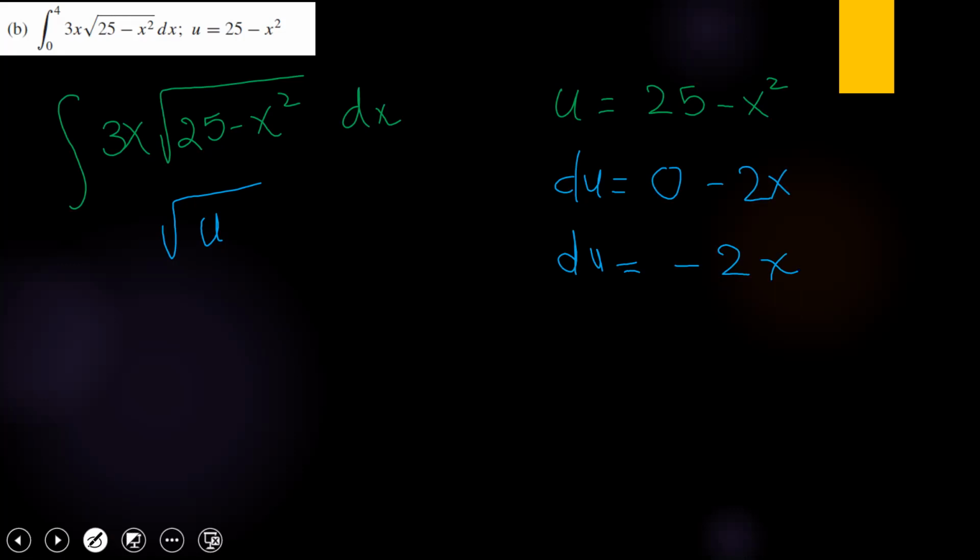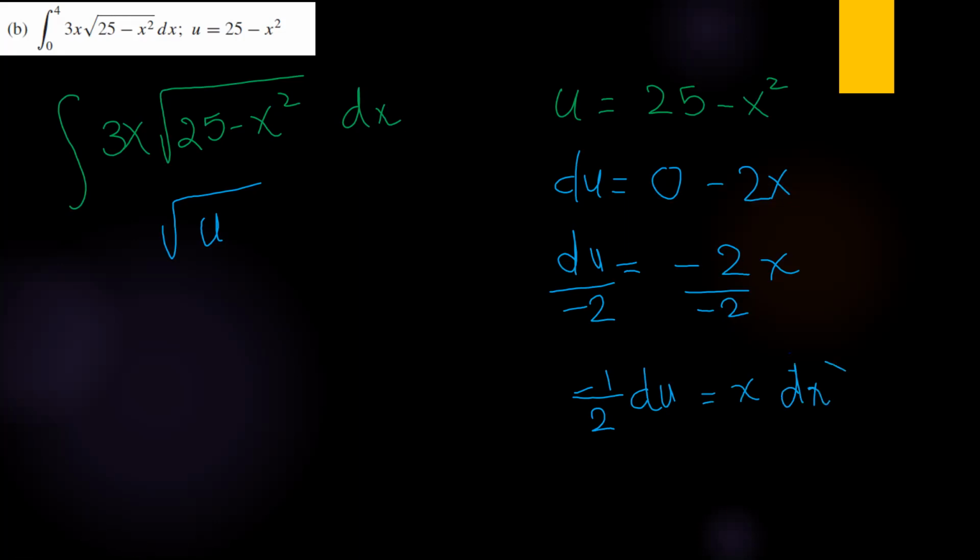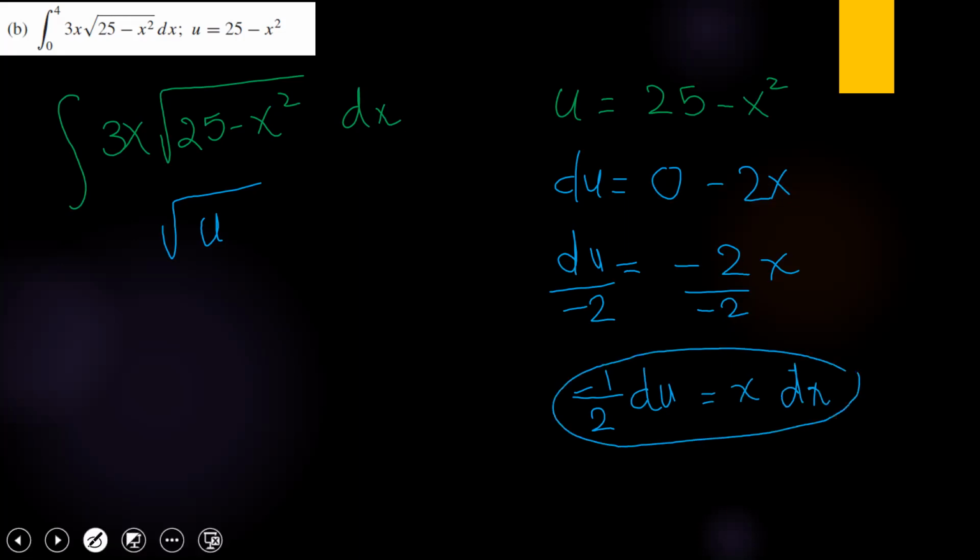What do I have now? I have 3x. I want to cancel it. If you divide here by negative 2, what do you get? You get negative half du equals x dx. Is it right?